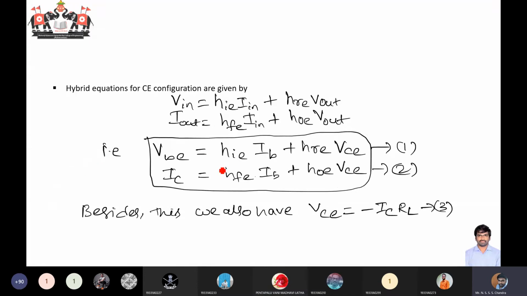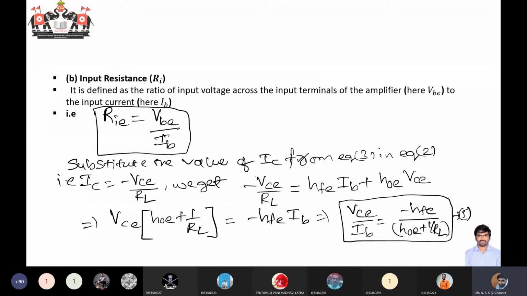So if I replace this IC value as minus VC by RL, your equation will now turn to be minus VC by RL, that's your IC, equal to HFE into IB plus HOE into VC. Now again I am bringing the VC terms. Earlier I brought the IC terms to one side. Now I am taking the VC terms to the right hand side, and the IB terms to the left hand side.